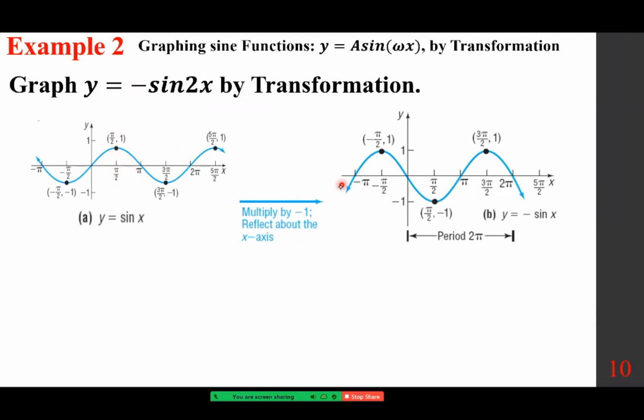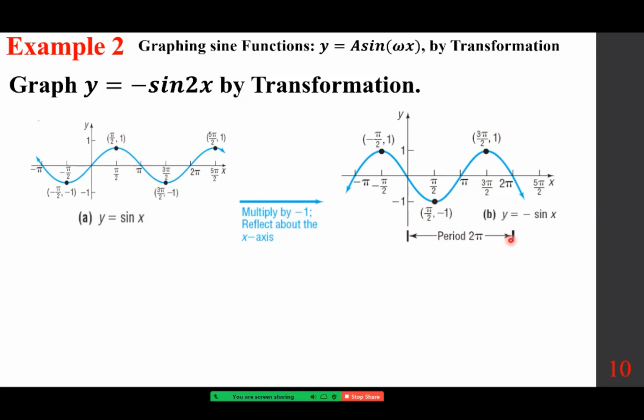So 0, 0 remains, but pi over 2, 1 becomes pi over 2, -1. This one becomes 3 pi over 2, and the y-value becomes +1. Pay attention to these two pairs; the rest are pretty obvious.